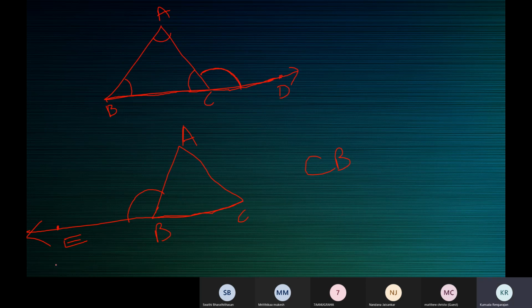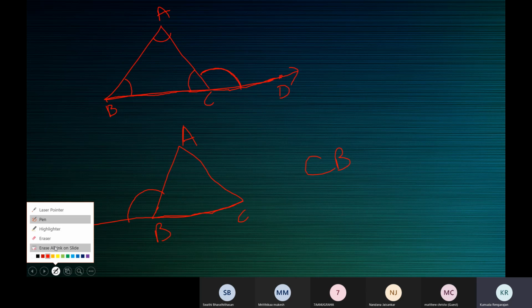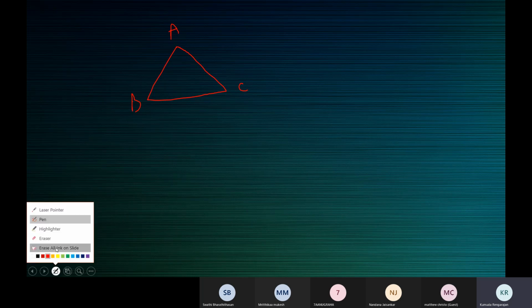Now let's see the exterior angles formed by producing the other sides. Let me show you all the six figures on the same slide, children, so then you will understand.